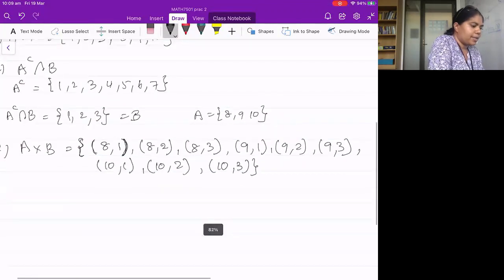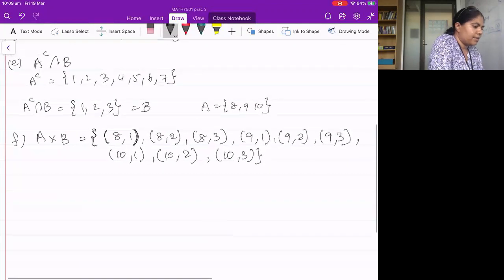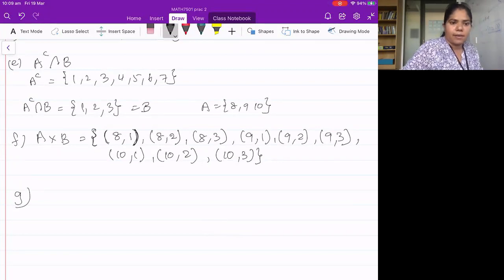Those are the Cartesian product of A and B. Okay. Remember, the first element should be from A, and the next element should be from B.